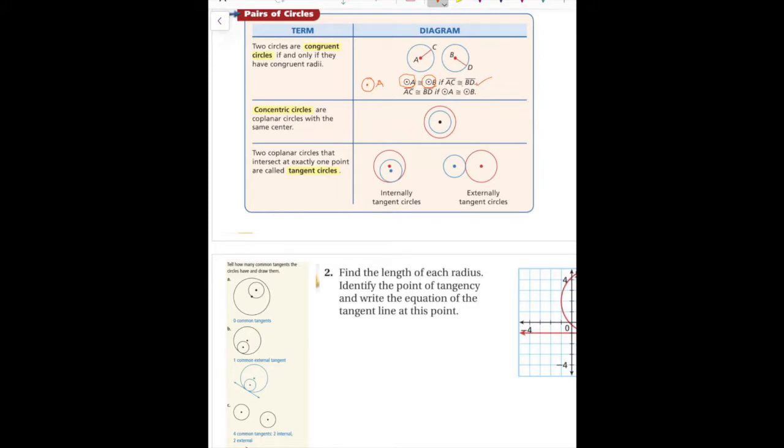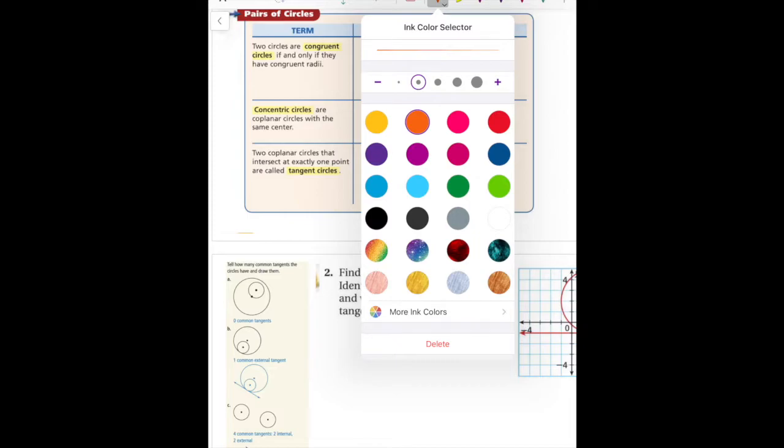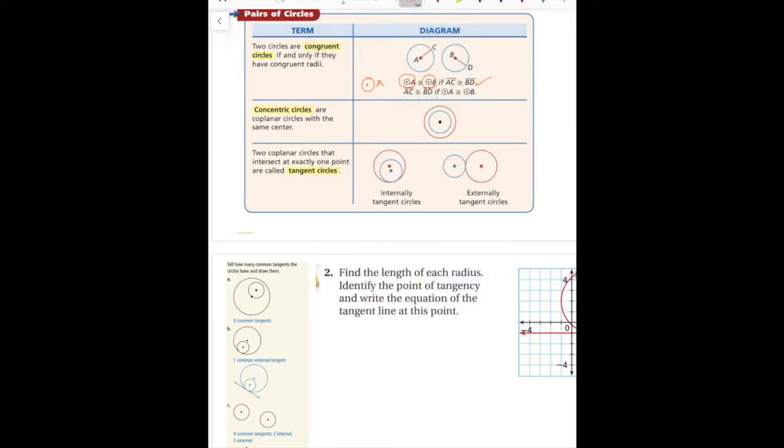If the radii are congruent, that means the circles are congruent. Segment AC congruent to segment BD is the converse of that statement, if circle A is congruent to circle B. So if they have the same radii, we call those circles congruent circles.